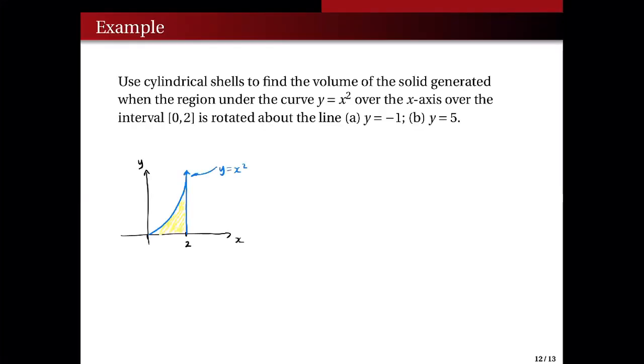So it's the same situation from before, but this time the axis of revolution is different. So let's start with letter A here. This is your y equals -1, and then we revolve this about this line.